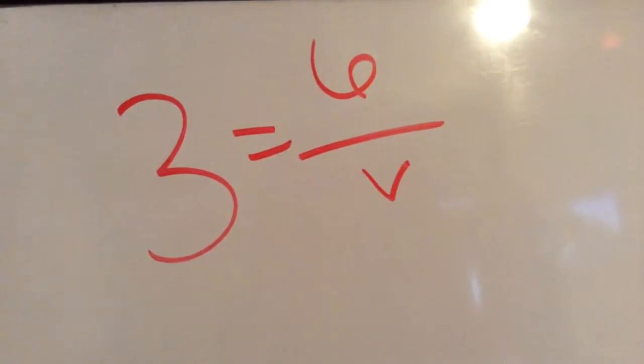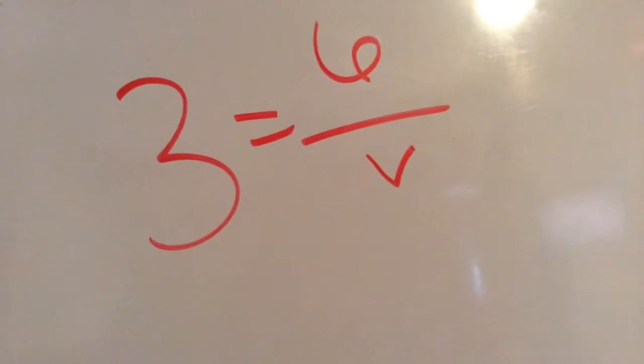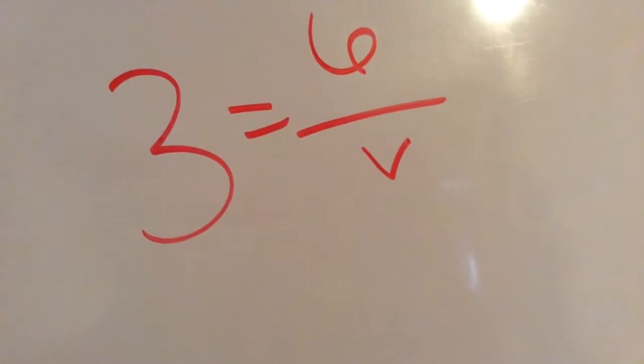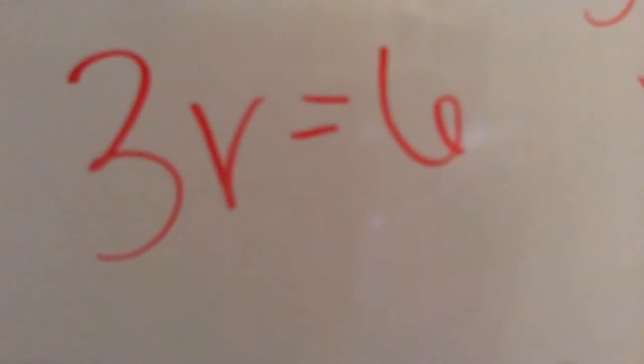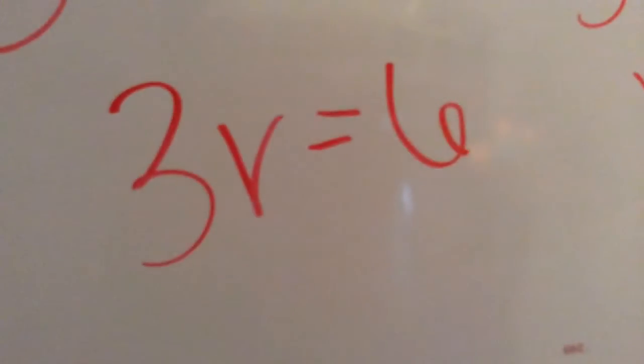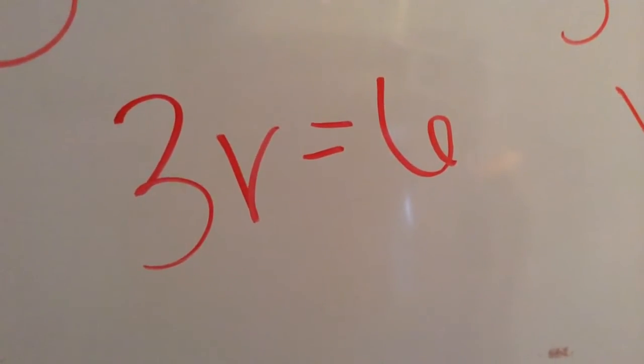We know that if we take away our units, we are left with 3 equals 6 divided by V. Now, if you have an unknown number on the bottom, you can easily cross-multiply the 3 and the V to be equal to 6 to get what V equals. We know that if we cross-multiply in that equation, we get 3V equals 6. The next step would be to divide by 3 on both sides of the equal sign.